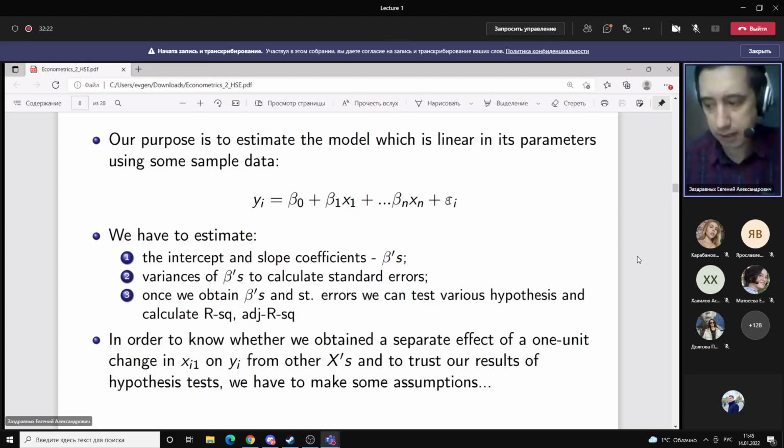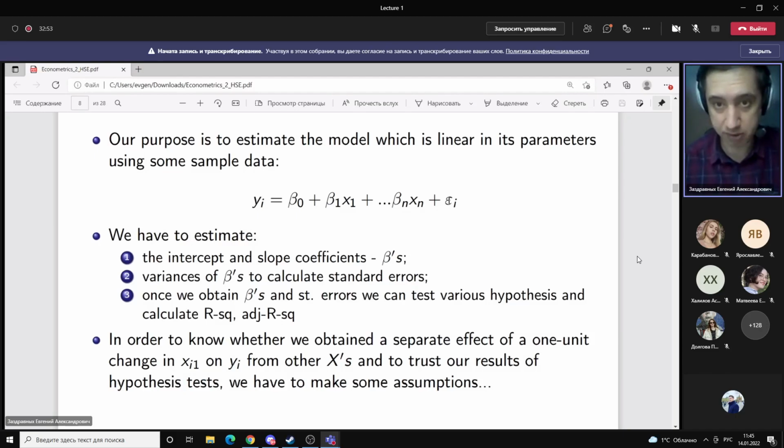And since we cannot measure it, we cannot use any statistical or econometric tools to check whether our assumptions hold. But we can use our argumentation, our experience, our intuition to check whether assumptions hold. And this is the reason why our assumptions are purely theoretical concepts.